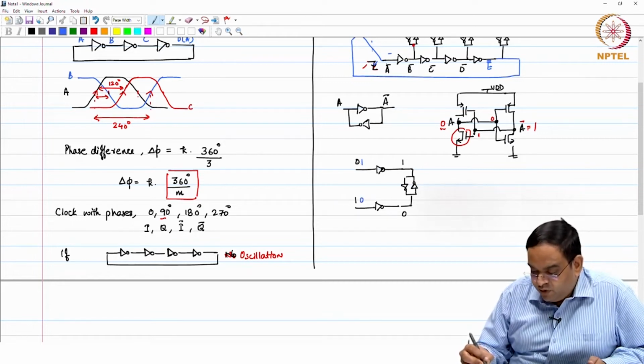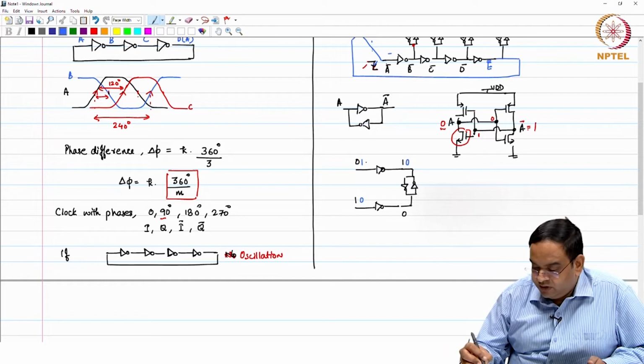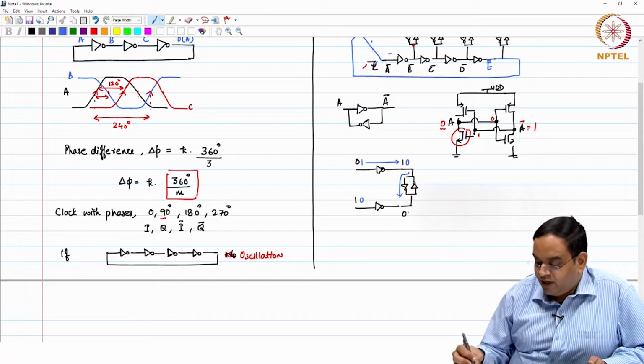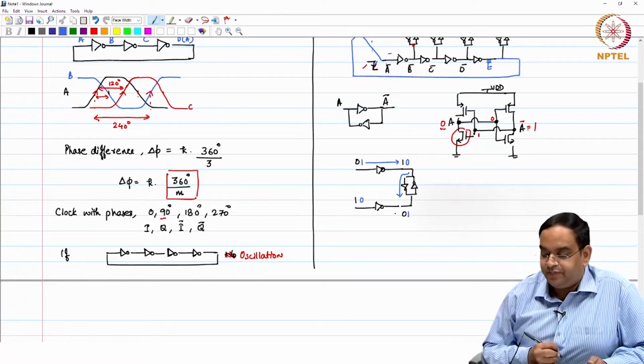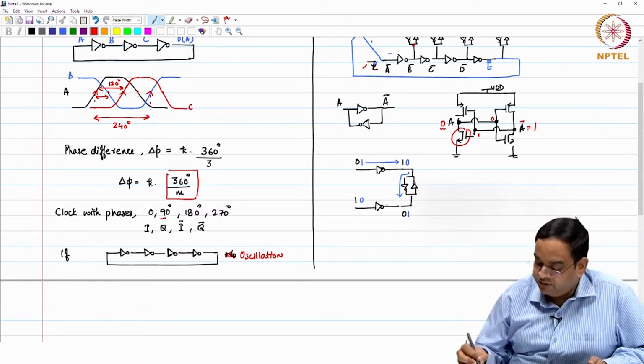If this 0 becomes 1, then the output of the inverter will go to 0, right, and through this inverter the output of this inverter will become 1 to 0, and then using this inverter it will try to force this to 1. Okay. Also, at the same time, the 0 here will make this output as 1, and through this inverter it will try to enforce this as 0.